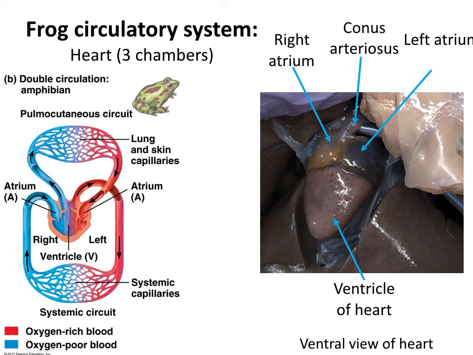And as he matured and was using his heart more and things got more serious for him, he started to have problems to the point where he actually collapsed during a race. And in the end, they had to do surgery to close up this hole between his two ventricles. Otherwise, he could have had more serious problems later in life. Okay, but it's not a problem for frogs. They seem to do just fine.